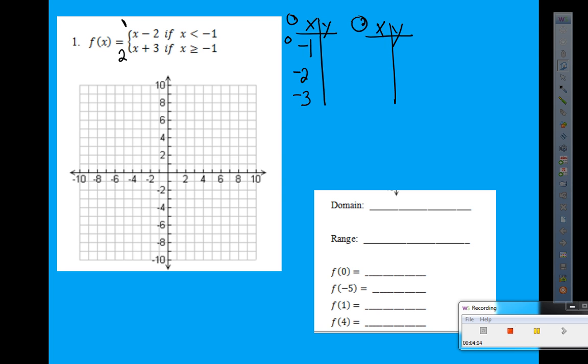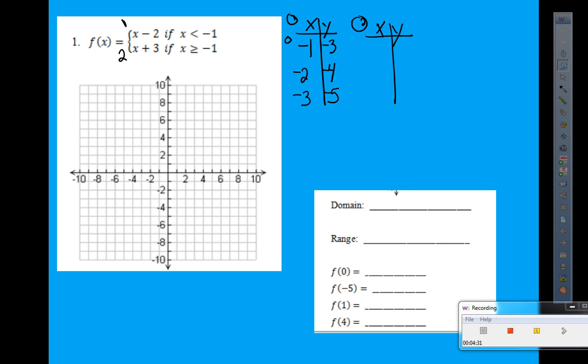Now to get your corresponding y values, plug these numbers right here back into equation number 1. So I'm going to go -1 minus 2, and I'm going to get -3. I'm going to go -2 minus 2, and I'm going to get -4. I'm going to go -3 minus 2, and I'm going to get -5.